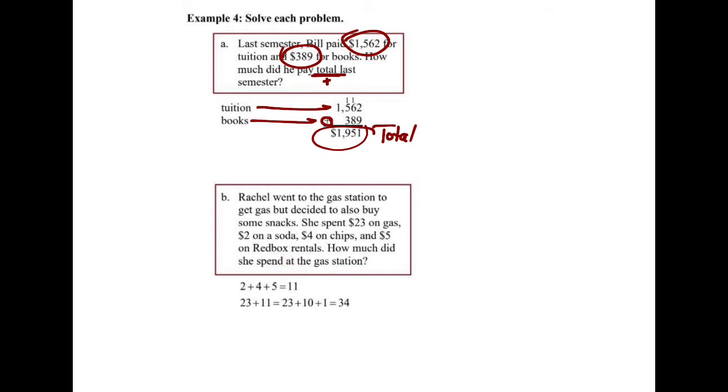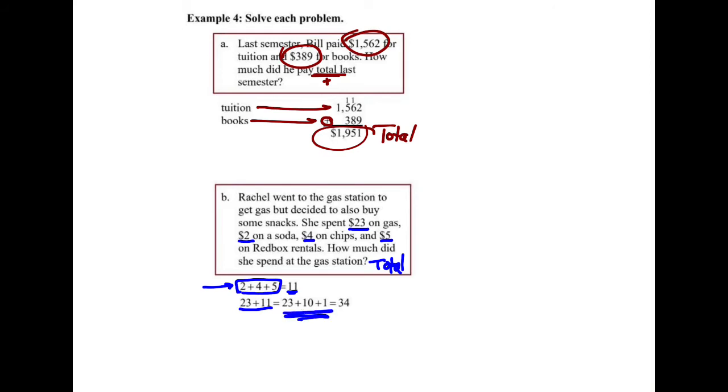So we want a total again. That's understanding the problem. We want to know exactly what we're doing. Let's find our numbers. We have 23, 2, 4, and 5. Is that everything? What they chose to do is add the 2, 4, and 5 first and get 11. And then 23 plus 11, and you can see they broke it down by decomposing into tens.